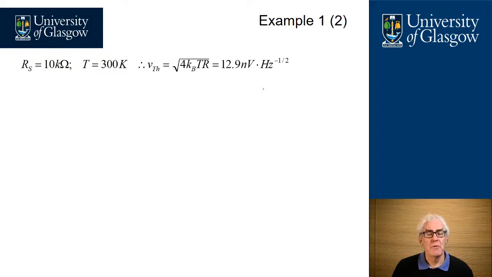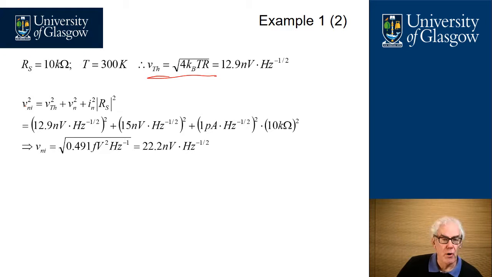So first, let's write down the parameters, which is the source resistance, the temperature, a calculation here of the Thevenin input noise, and this gives the equivalent Thevenin noise for a 10 kΩ resistor.